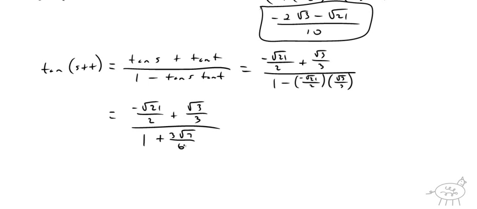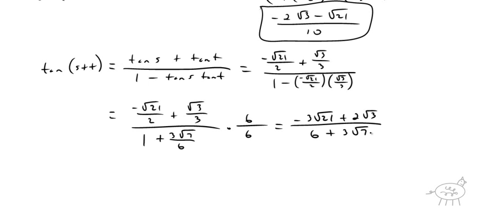You guys good with that? And let's get rid of the fractions. So we're going to multiply the top and the bottom by 6 over 6. That gives us negative 3 root 21 plus 2 root 3 over 6 plus 3 root 7.